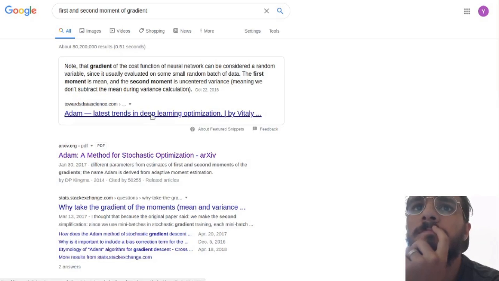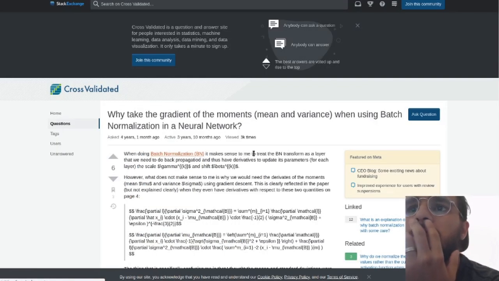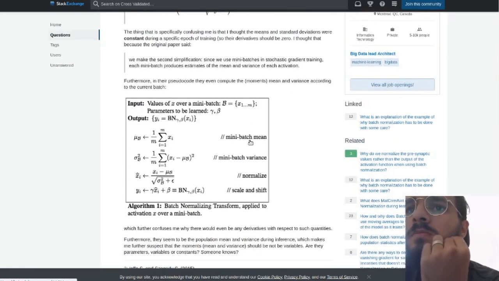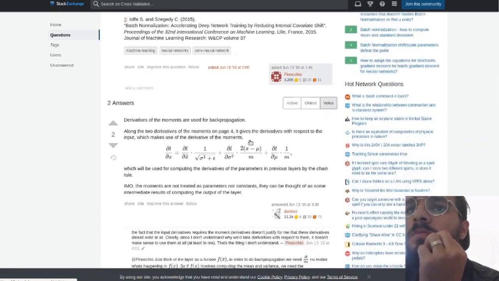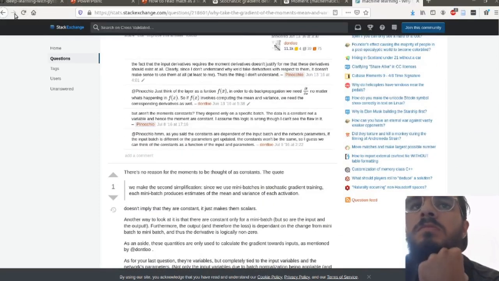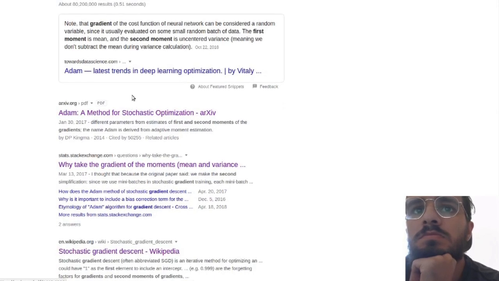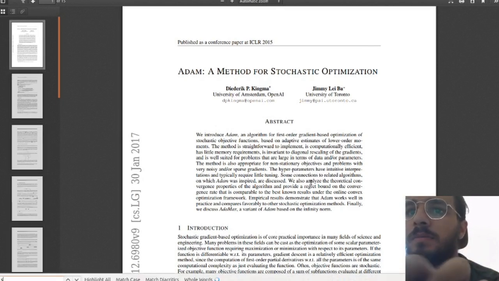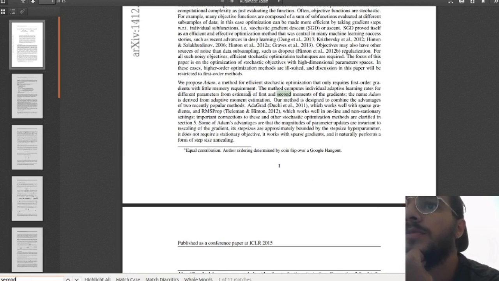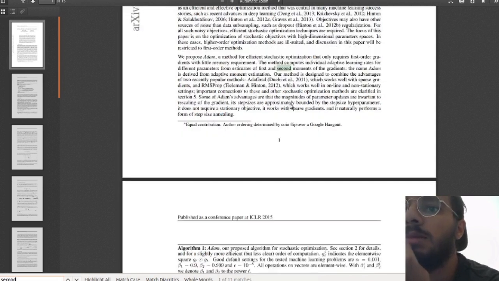What do they mean by that? Okay, we might be better off looking at, for different parameters, estimate the first and second moment of the gradient and blah blah blah.